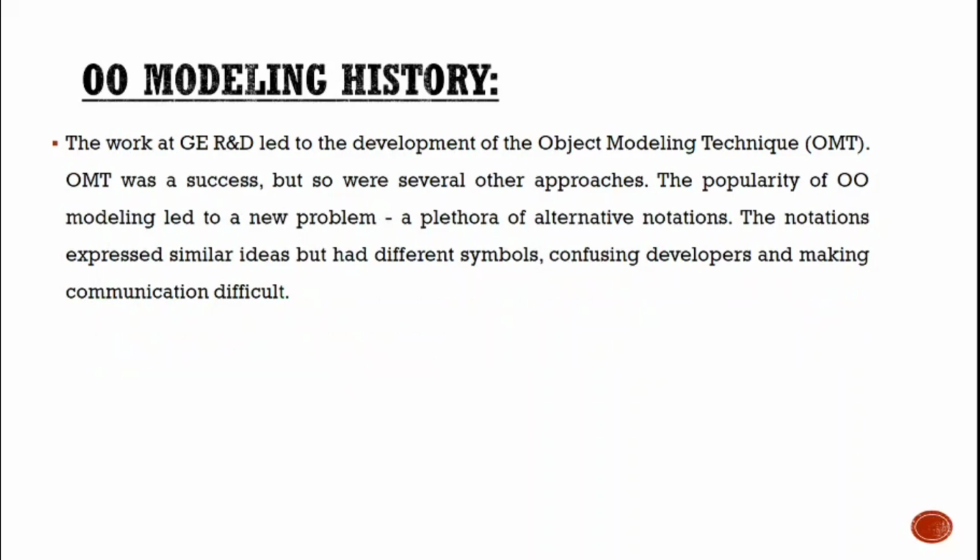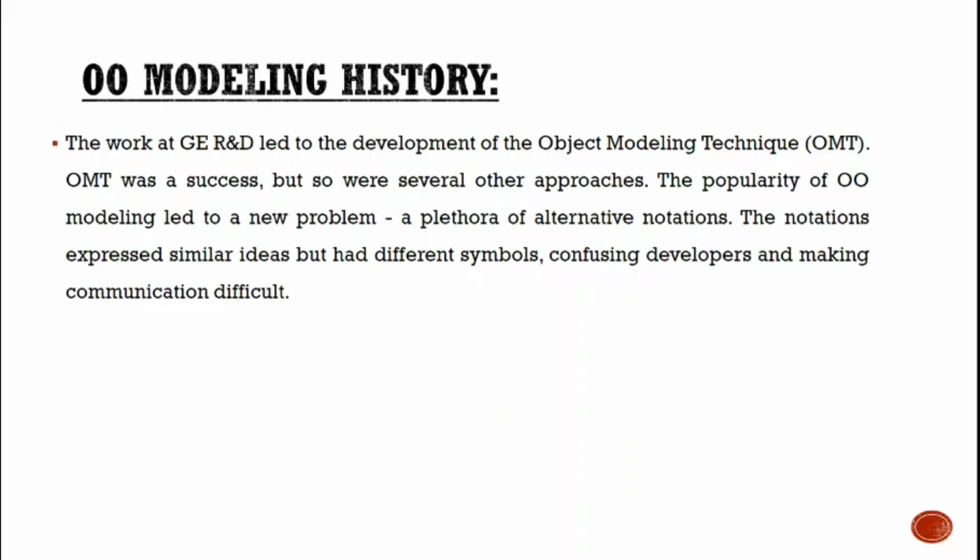Object modeling history. The work at GE, General Electric R&D, led to the development of the object modeling technique, which we call OMT. OMT was a success, but there were several other approaches.